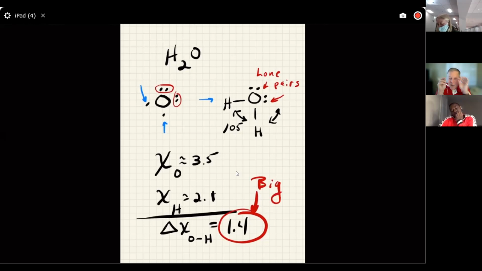Whereas in methane, we had a tiny little delta plus, delta minus, not here. The oxygen is hugely electronegative.